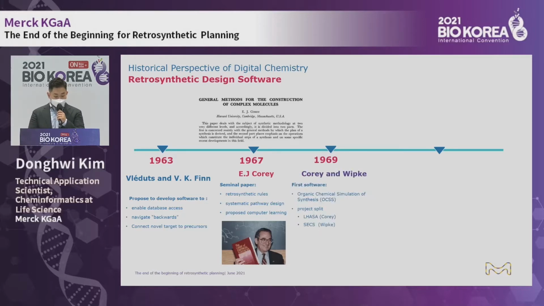In 1969, we saw the very first attempt at software, with Corey and Wipke creating the Organic Chemical Simulation of Synthesis. And Corey began pursuing his own tool, what became known as LHASA. LHASA was able to suggest specific reactions for a target.